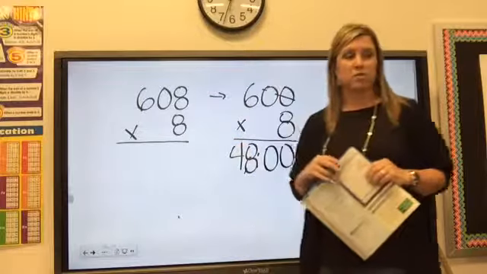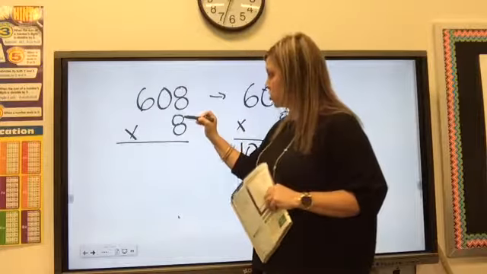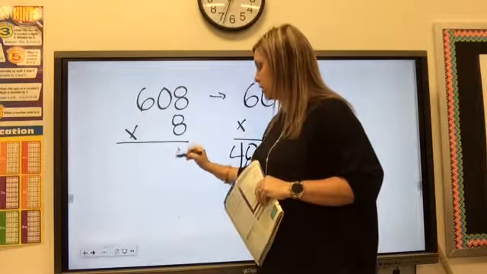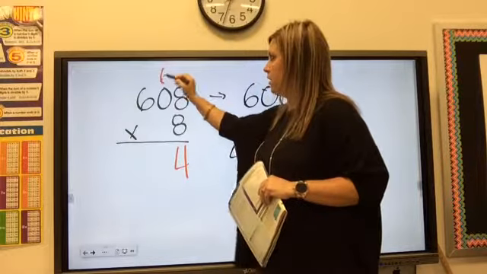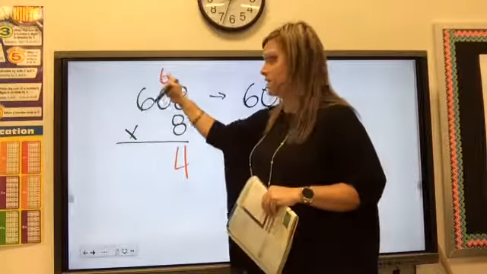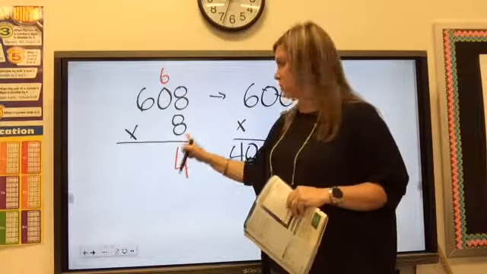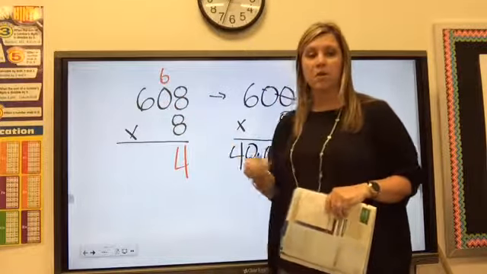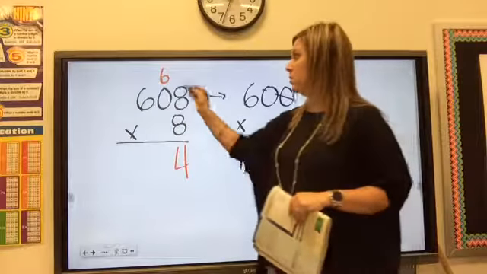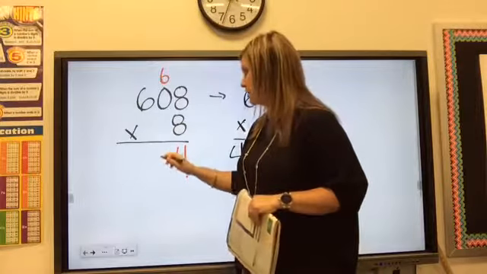You're going to do your regular multiplication, which is 8 times 8 is 64. Carrying the 6 in the tens place, because my answer is technically 64. So there's my 6 and my 4. Now I'm going to multiply 8 times 0, and that is 0, plus 6 is 6.